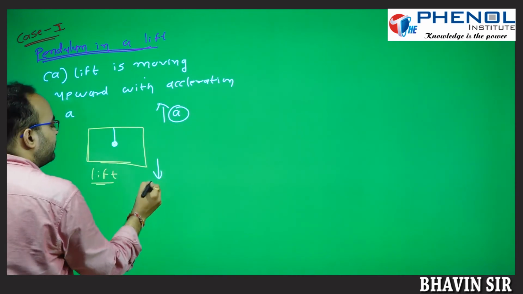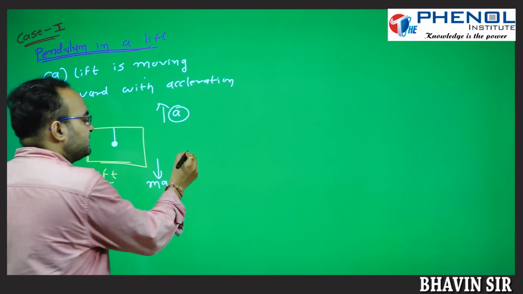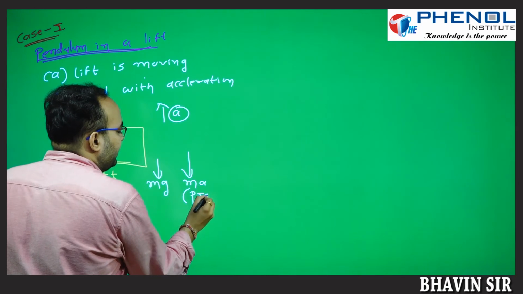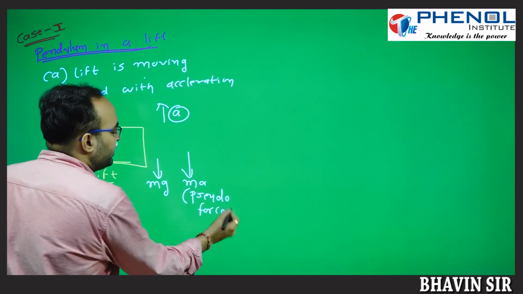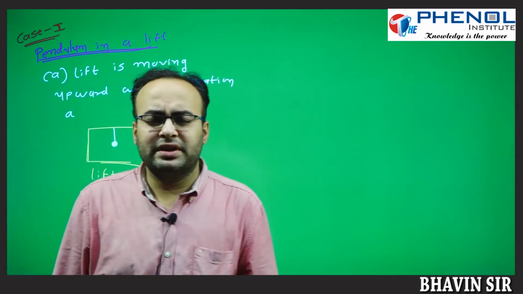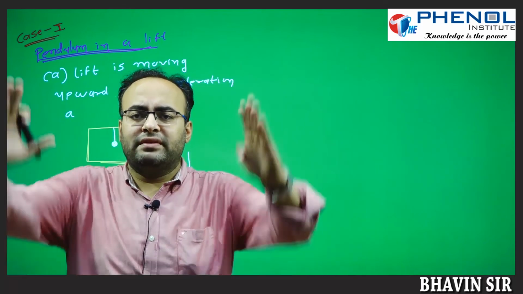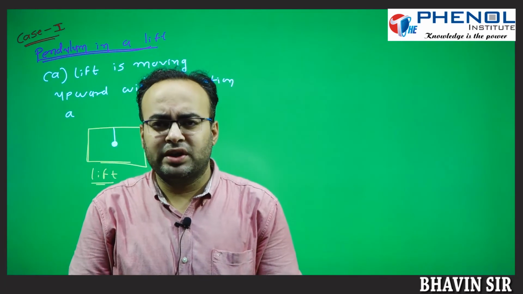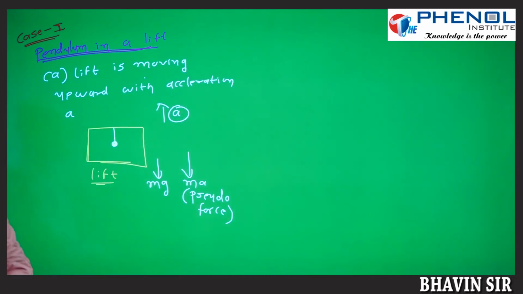So students, one force is always downward, mg. Now one more force, ma, is also in a downward direction. Why? It is the pseudo force that always acts in the opposite direction of acceleration. So the lift is moving upward with acceleration a, then the pseudo force is in the downward direction. Okay, mg is also downward, ma is also downward.